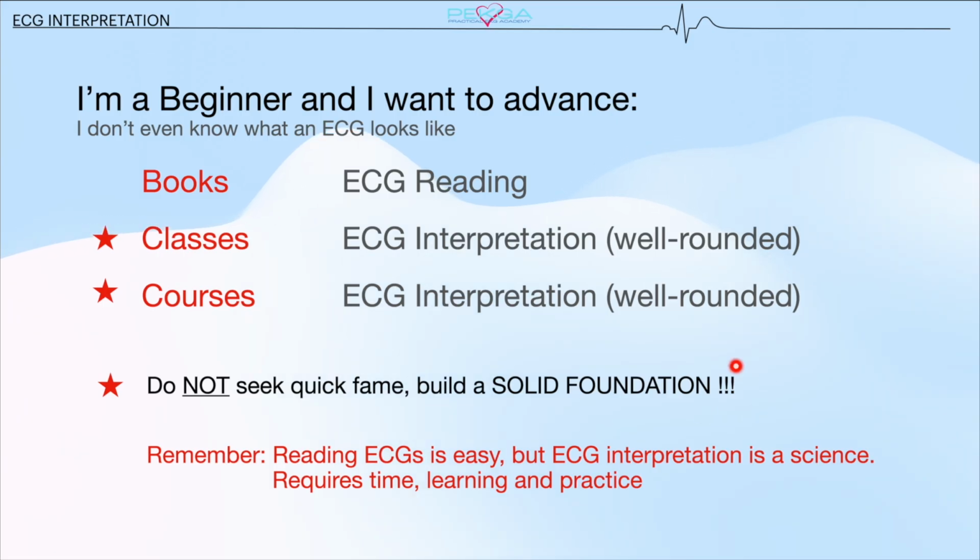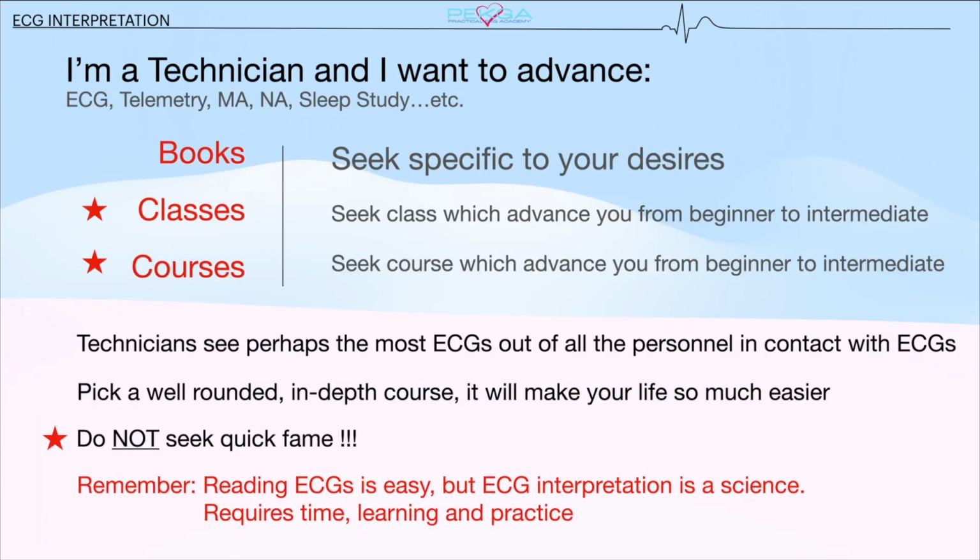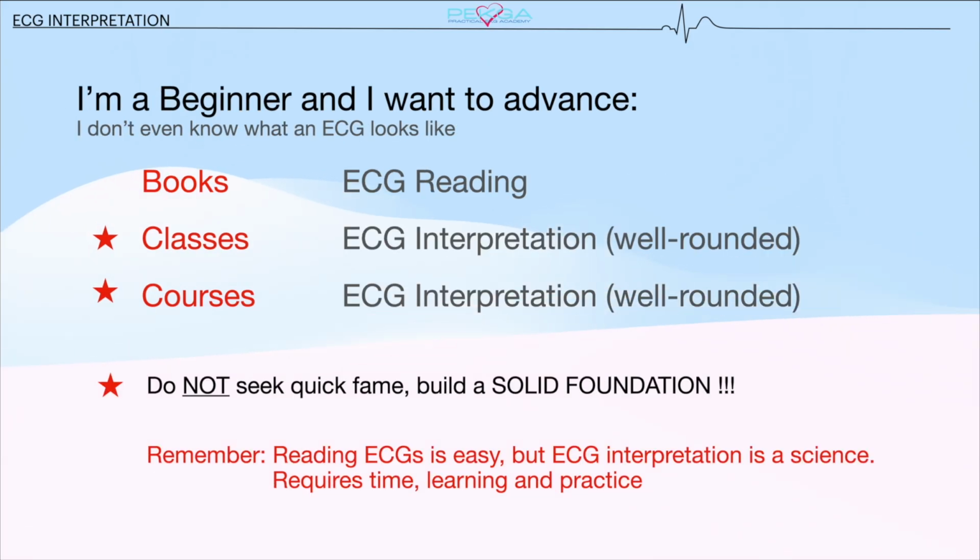Build a solid foundation. This is true also for a beginner, but what did I say? For a technician and for a beginner. You build a solid foundation, and when I'm talking about solid foundation, I'm talking about the basic blocks: anatomy and physiology. Now, anatomy and physiology, I guess it's worth clarifying. Anatomy deals with structure of the heart.